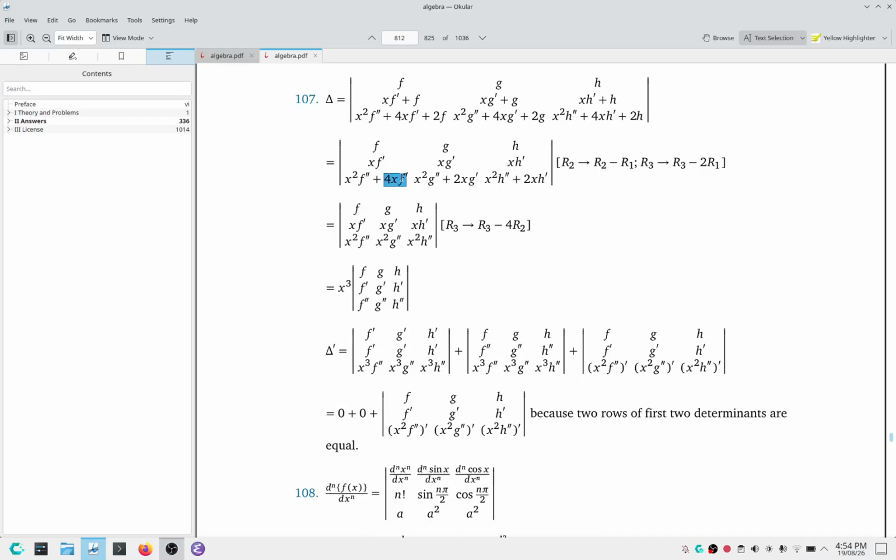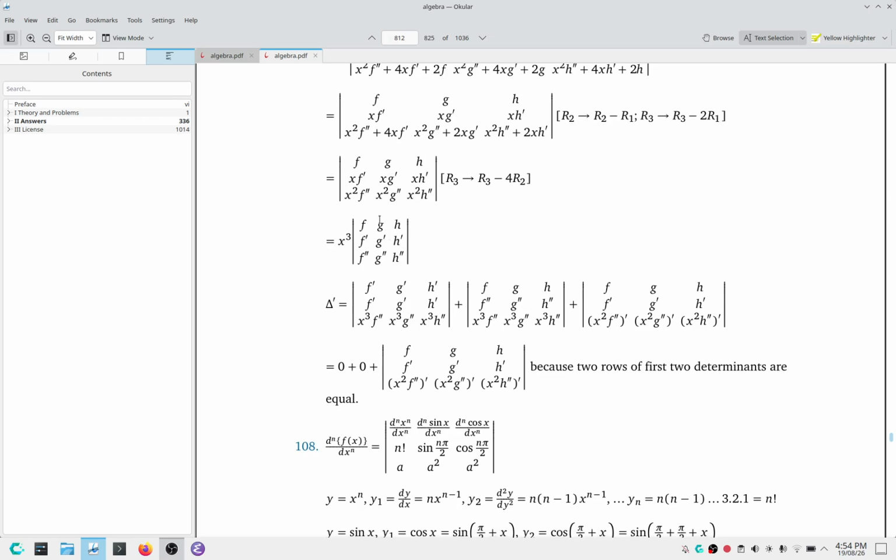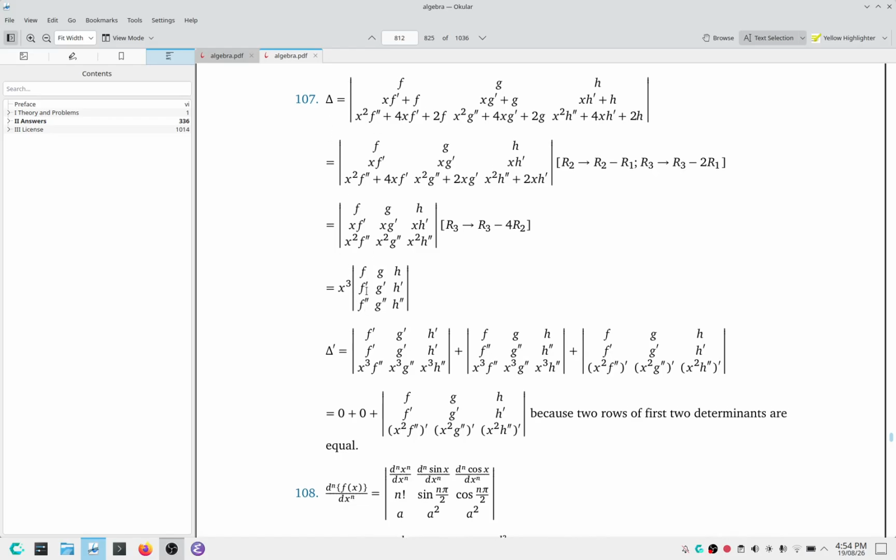So here 4x f prime, this should be 4x g prime and 4x h prime. There is a typing mistake. So these will be eliminated. Once we have that, we can take out x. We will be left with f, g, h; f prime, g prime, h prime; f double prime, g double prime, h double prime. Now we can take this x cube and put it in the third one. So this is our delta.